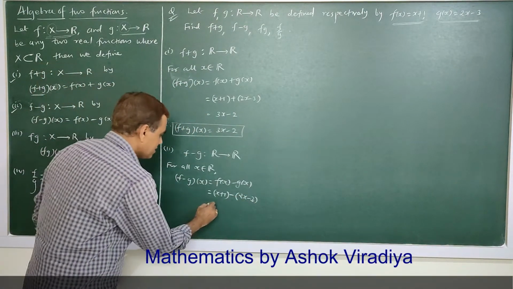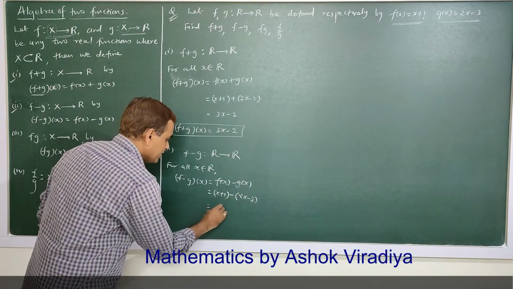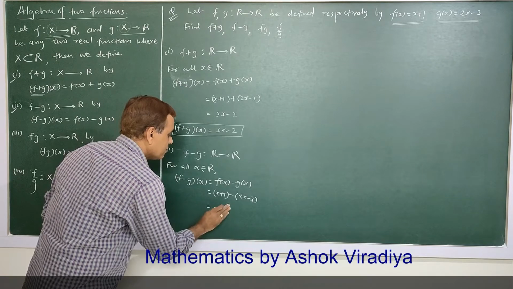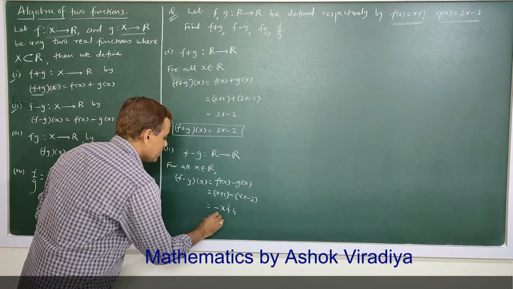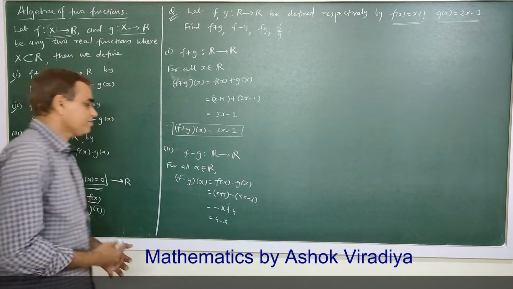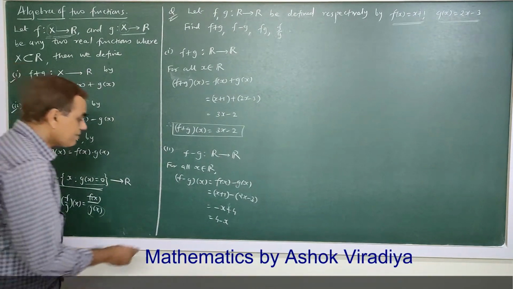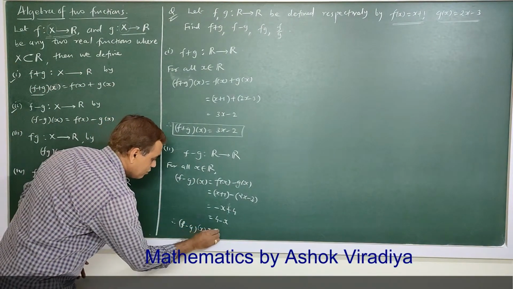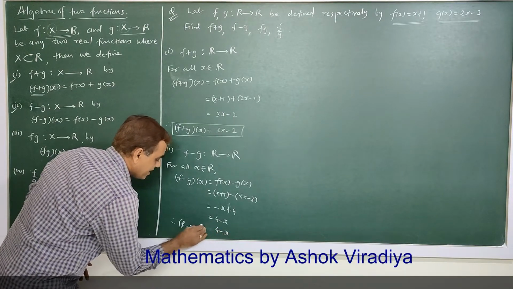So x minus 2x is minus x, 1 plus 3 is plus 4. So this is 4 minus x. Therefore, (f minus g)(x) equals 4 minus x.